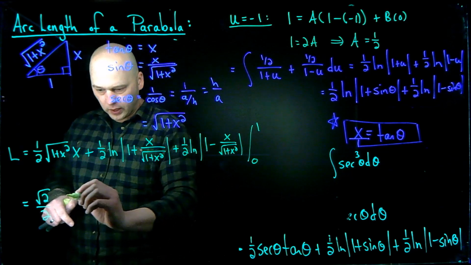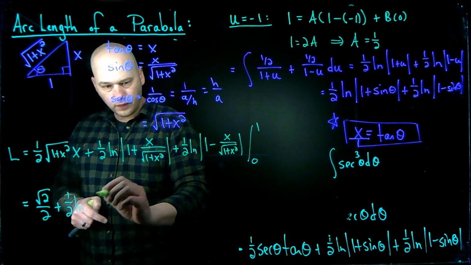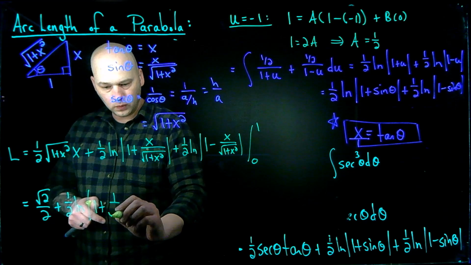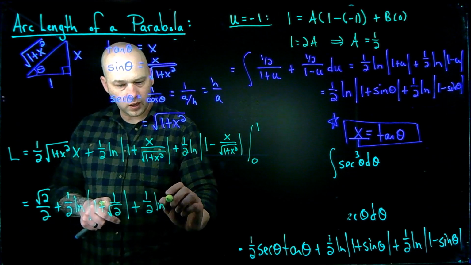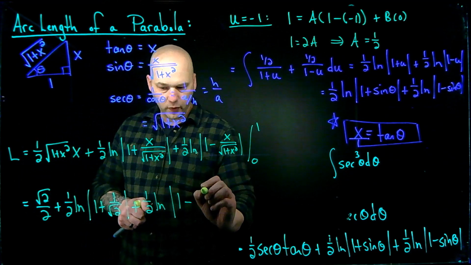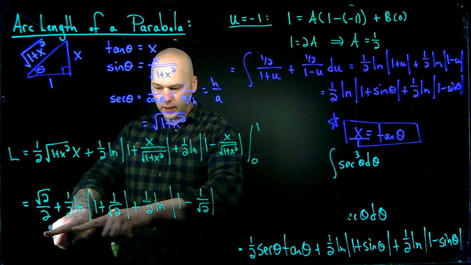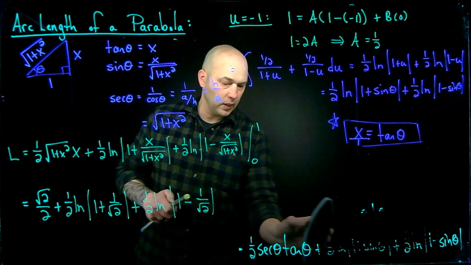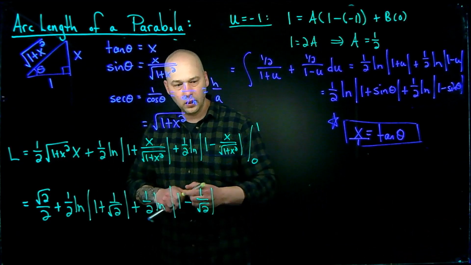This would be plus 1/2 natural log of 1 plus 1 over root 2, plus 1/2 natural log of 1 minus 1 over root 2. So this is what I get when I evaluate the antiderivative at the upper limit of integration. And then we will subtract what I get when I plug in the lower limit of integration.